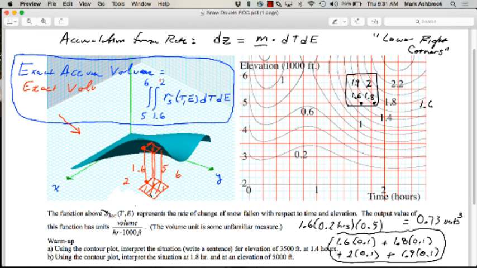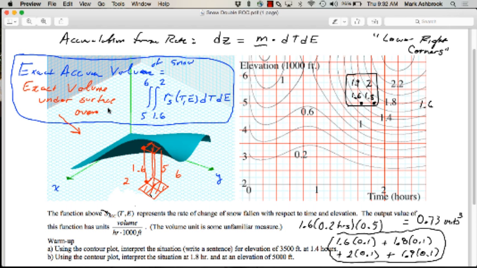The blue one's volume of snow, which is totally different than adding up these columns and making them small enough so that you get exact volume under the surface over that square region.